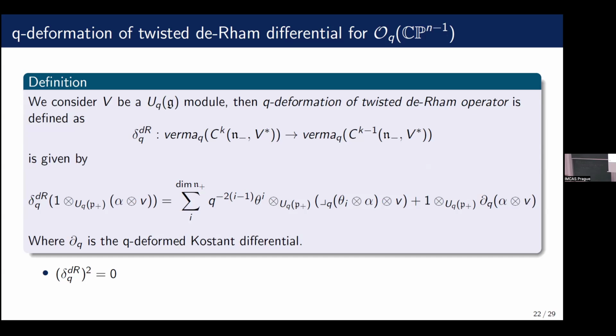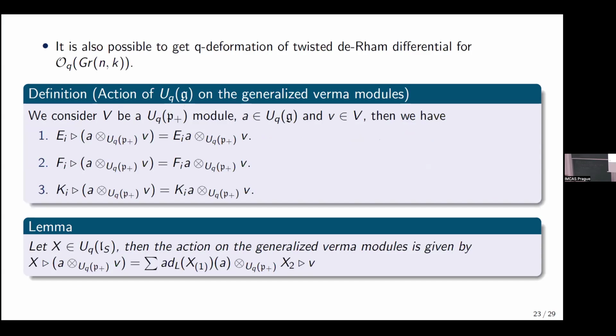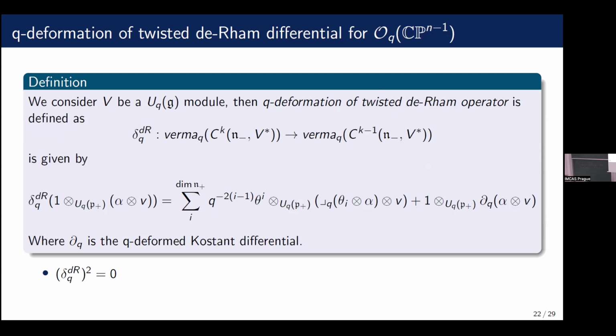So in the de Rham differential, you have two contributions. One of them is from the Kostant. One can show the square is 0. And this map is a UQG module map?